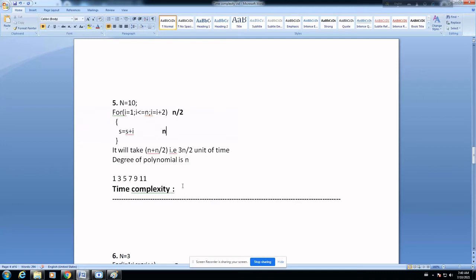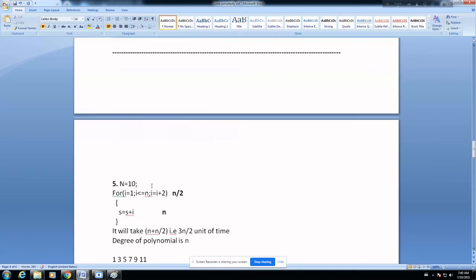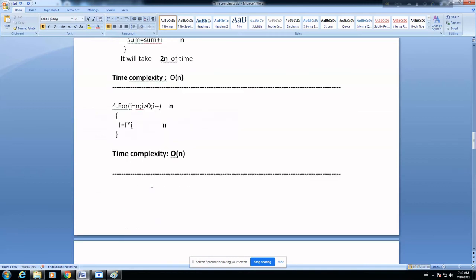And what is the degree of this polynomial? That is n to the power 1, that is n, and the time complexity is again order of n. So from this example, it is clear that if there is only one loop, the time complexity is order of n.